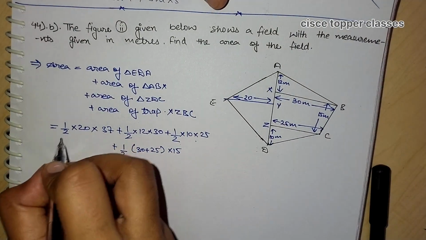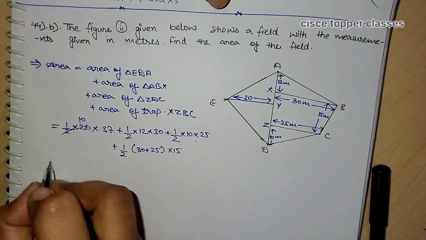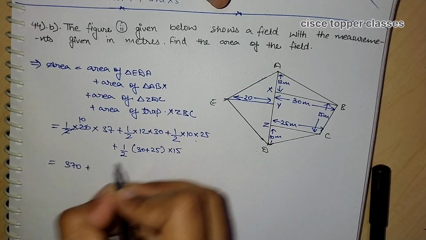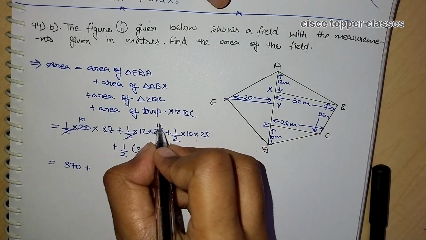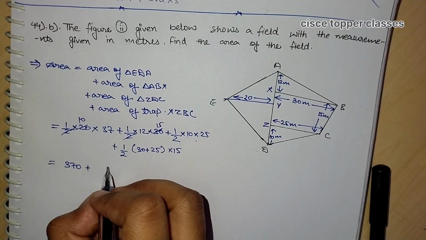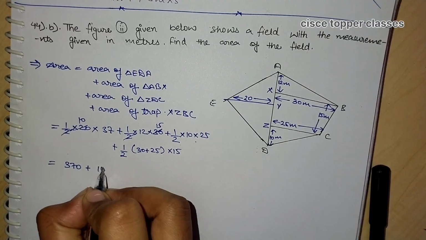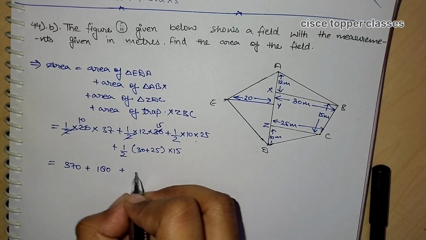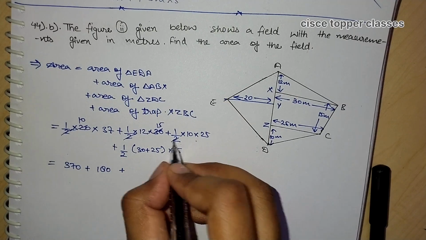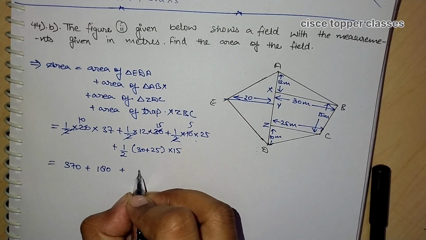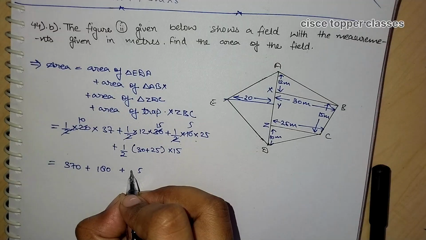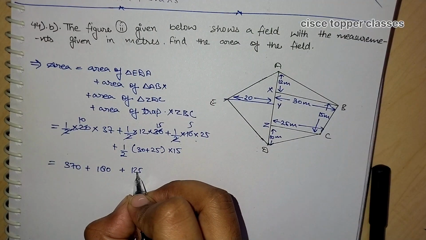Here we can just calculate it. This will be 370 plus, 15 into 12 will be 180, and now half 10 into 5 will be 125 meters square.